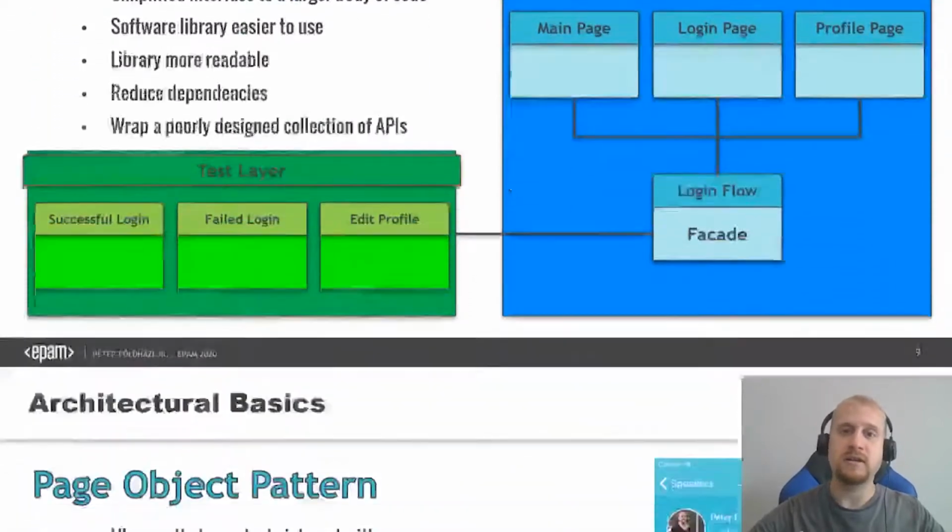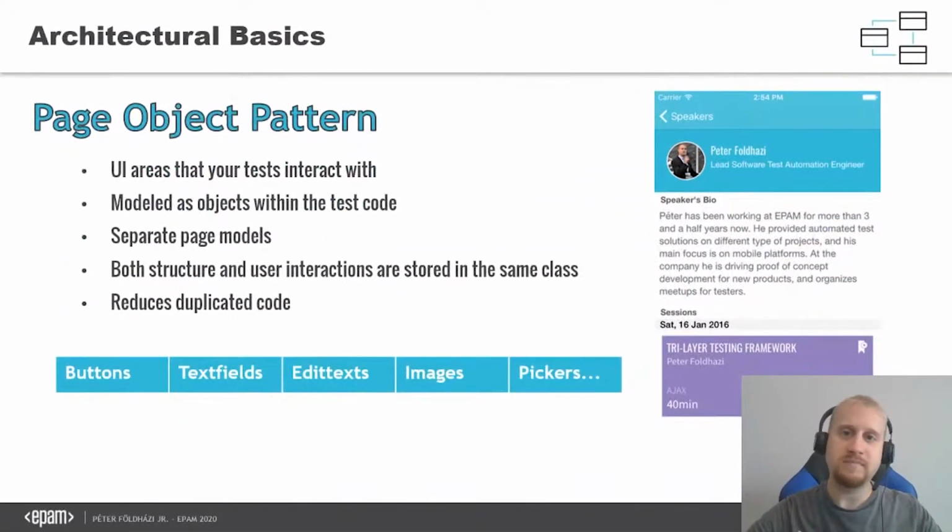Actually, the page object pattern is basically based on the facade pattern as well. This is a test automation specific design pattern, and I'm pretty sure that almost all of you have already heard about it and have already used it or have seen others use it.